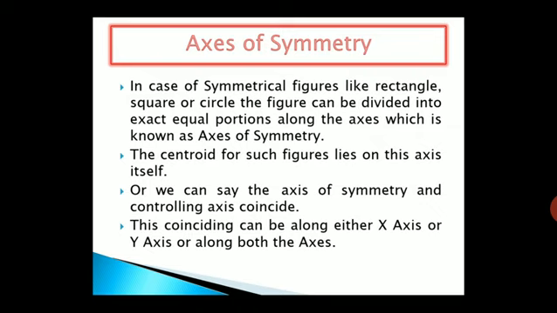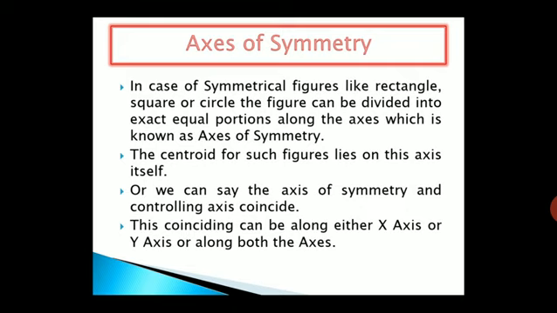So we can say that the equilateral triangle is symmetrical only about one axis, that is the vertical axis, and it is not symmetrical about the horizontal axis. Figures like square, rectangle, circle are symmetrical along both the axes, whereas some figures are symmetrical only about one axis, and a third category of figures is such that they are not symmetrical about either the x nor the y axis.